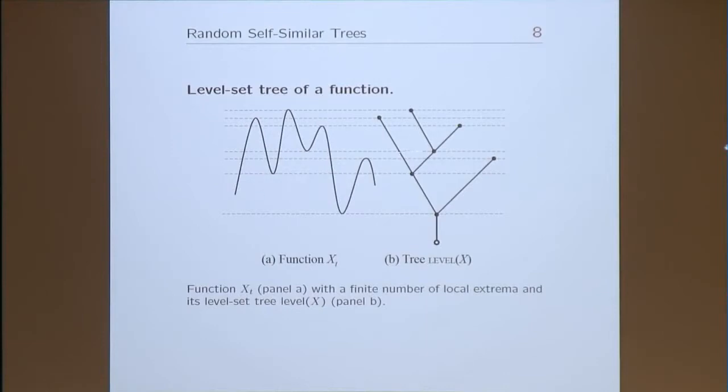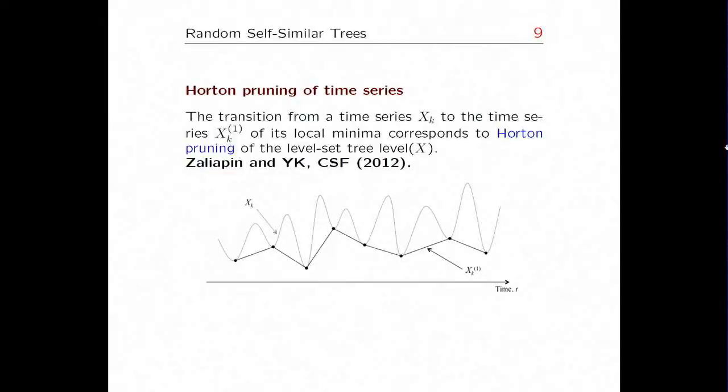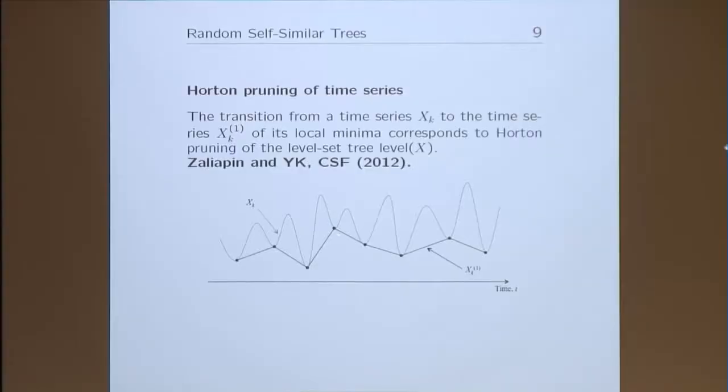And you can always go between level set tree and back if you look at the Harris path. Right. So what we noticed, and what were kind of our first results explaining some self-similarities or invariances which I haven't defined, were based on the following: if you take a function and look at its level set tree and then prune it, what tree would you get?